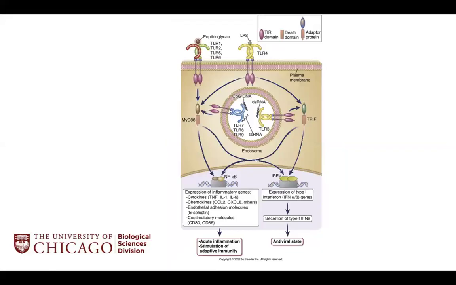Okay. Here is, I think the next two are very, very important. So there is a lot of redundancy in the way that the toll-like receptors signal and signal to the nucleus where it allows expression of different inflammatory genes like cytokines and chemokines and different co-stimulatory molecules that will allow the adaptive immune system to work.